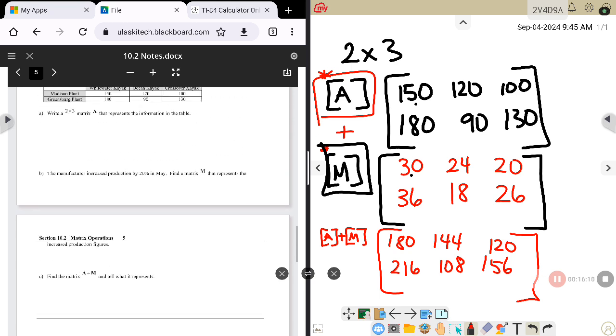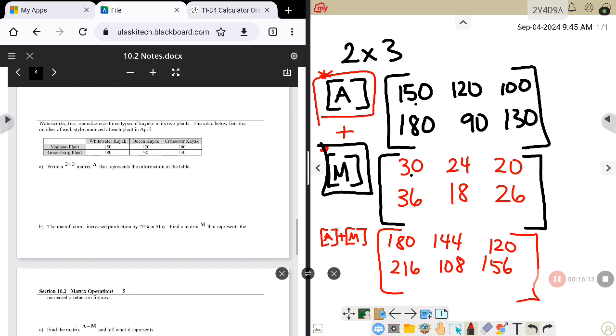Matrix A told the number of each produced style at each plant in April. Matrix M was increasing that by 20%, so we did that times 0.2 to get matrix M. And then when we added the two matrices together, this is talking about the number of kayaks that were produced at each plant in May.